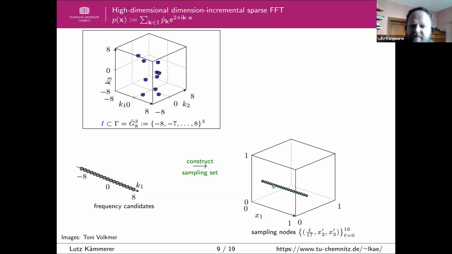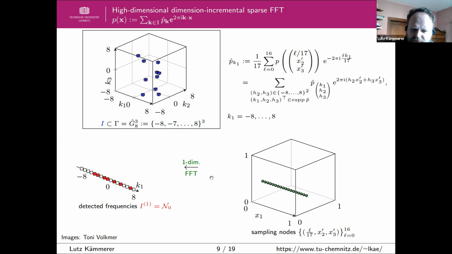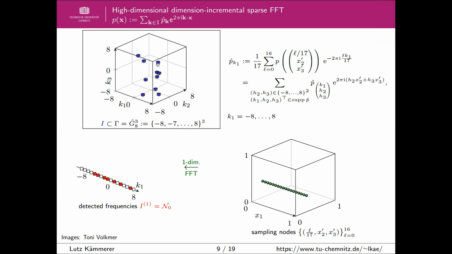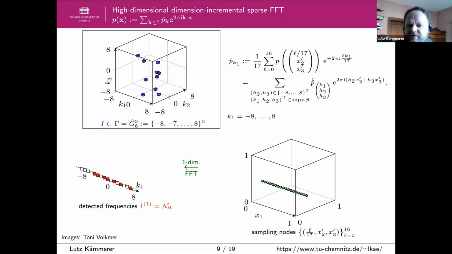If you have fixed x2 and x3, then this polynomial here is a function that depends only on the first variable. You do an equispaced sampling, and you use a one-dimensional fast Fourier transform in order to reconstruct. You do not reconstruct the Fourier coefficients; you just reconstruct projected Fourier coefficients, so sums of Fourier coefficients.